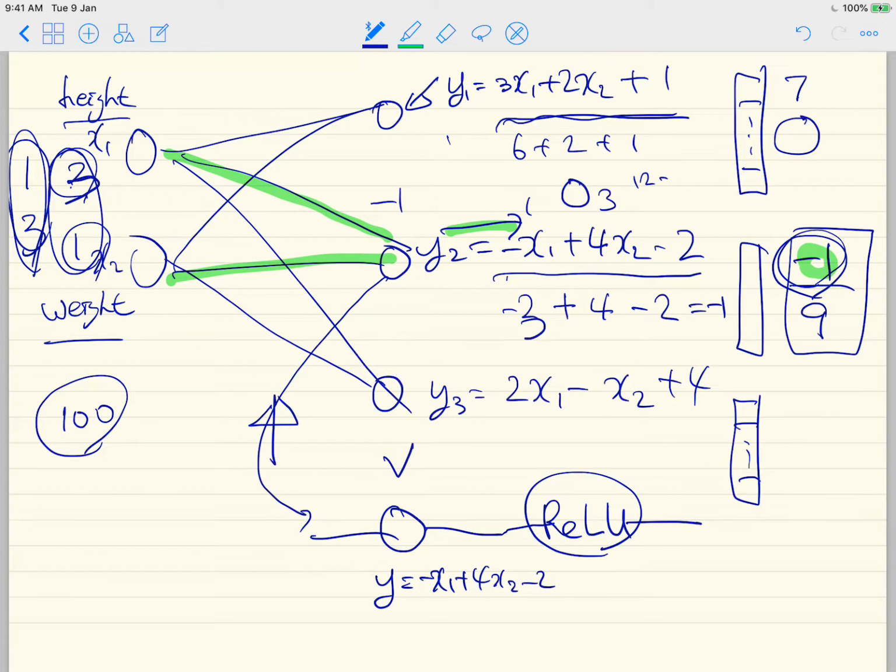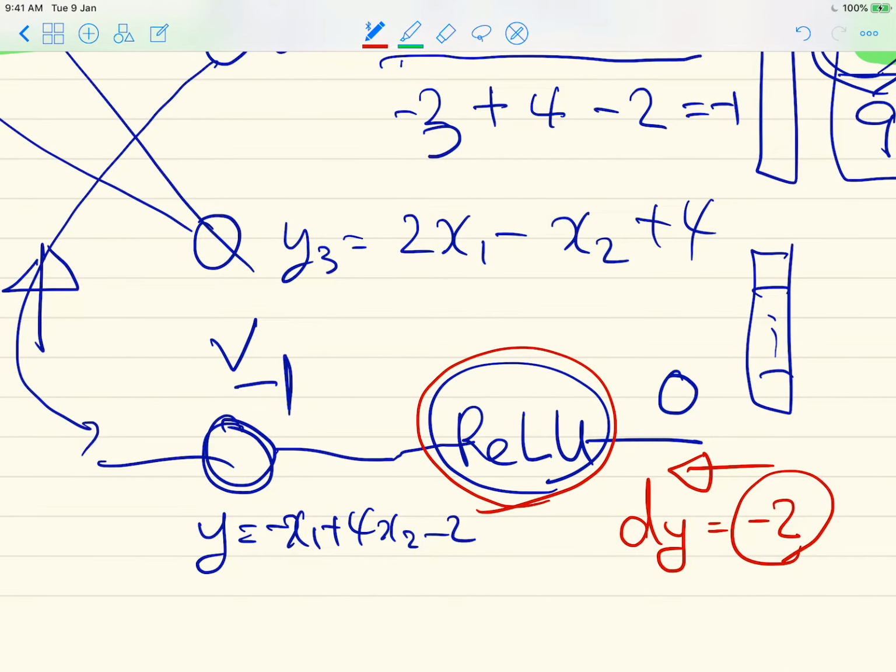So here the forward pass has the output value as negative 1, and then the output of ReLU will have 0, right? And then what about the backpropagation in this case? Suppose dy at this point is -2, for example, and then if the ReLU activation was 0 because of the negative input, then the corresponding gradient will be 0, right?